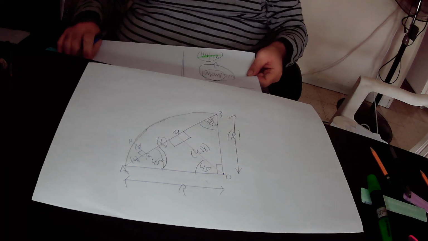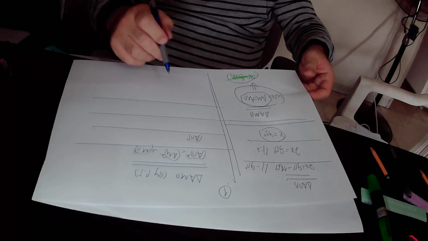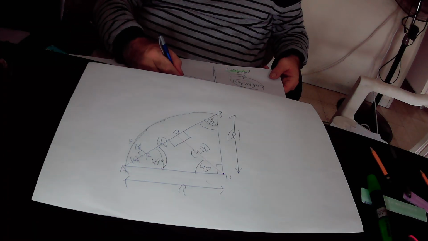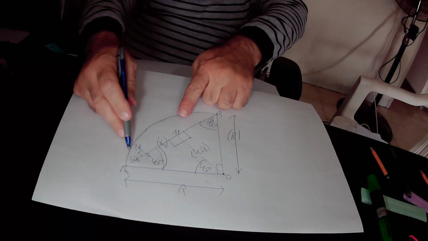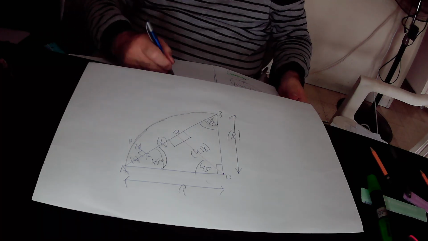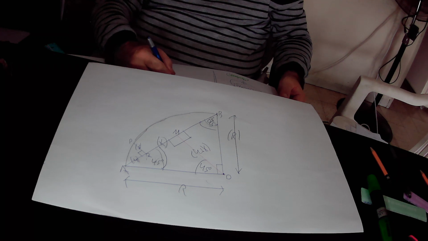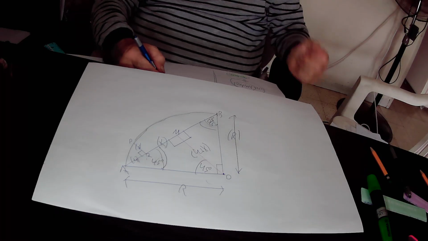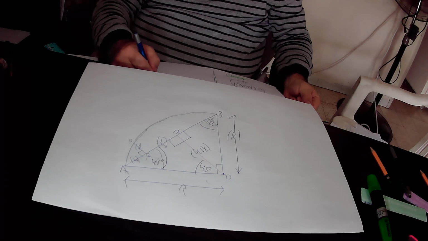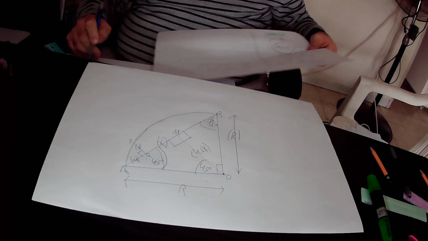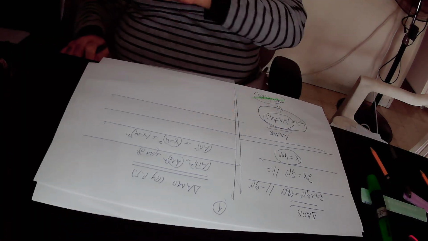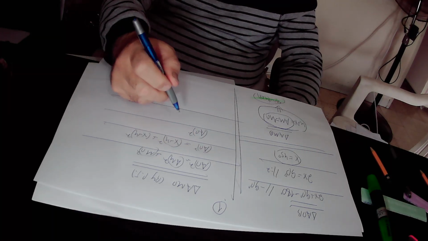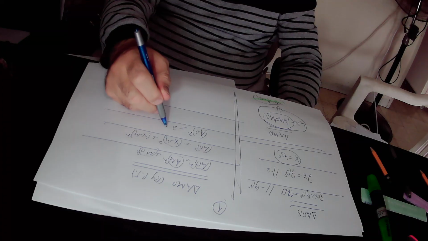AM is x plus 4, and therefore AM squared is x plus 4 squared, plus MO squared. MO is also x plus 4, and therefore MO squared equals x plus 4 squared. So in total, AO squared equals x plus 4 squared plus x plus 4 squared. So AO squared equals 2 times x plus 4 squared.